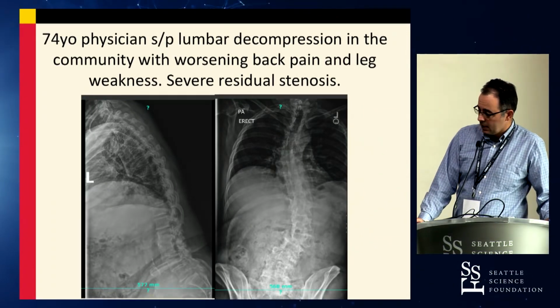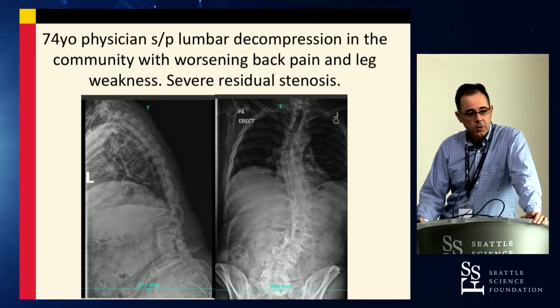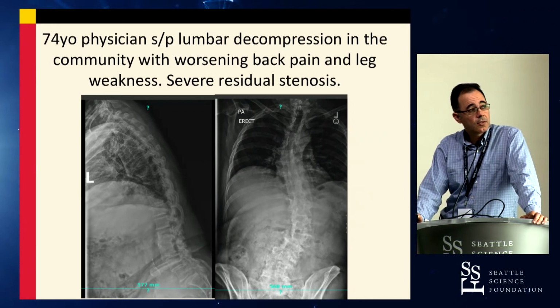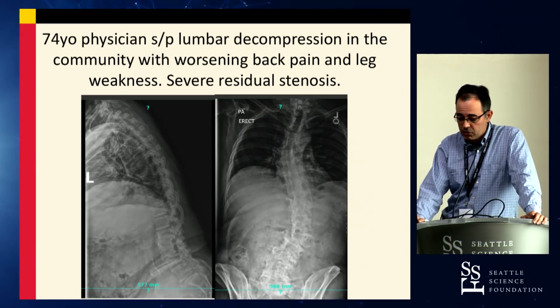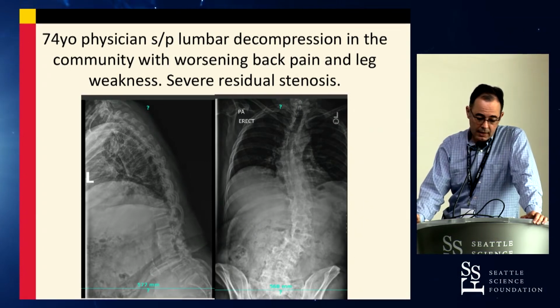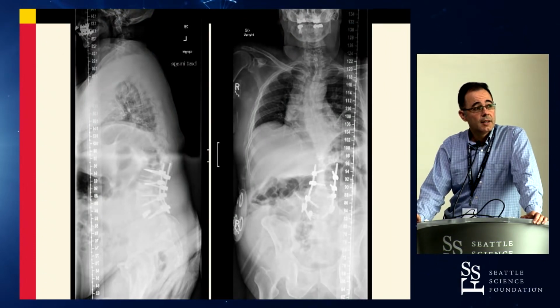And so I didn't want a surgery that would result in massive blood loss, nor was my goal to get a complete correction in this 74-year-old. So we resorted to an OLIF approach in this gentleman.